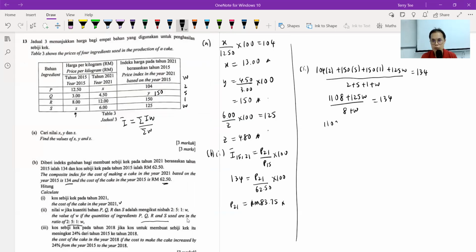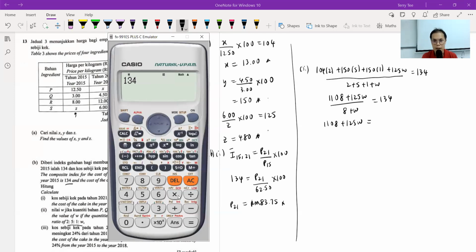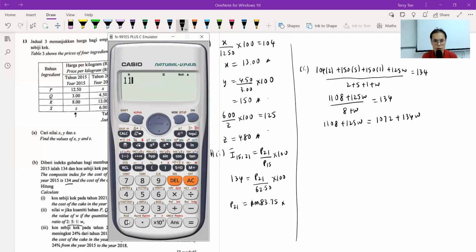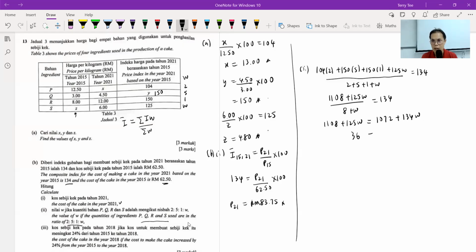So 1108 plus 125W is now, take 134, you multiply by 8, that will give us 1072 plus 134W. Okay, 1108, you minus this answer, you get 36. And 134 minus 125 is 9W. W will be 36 divided by 9. W is 4. All right.